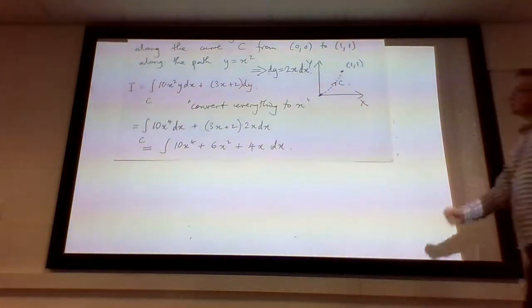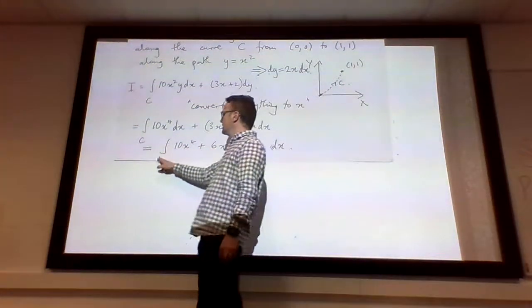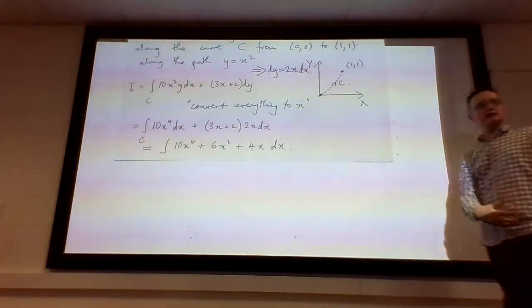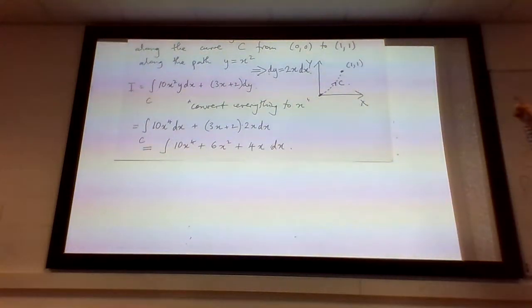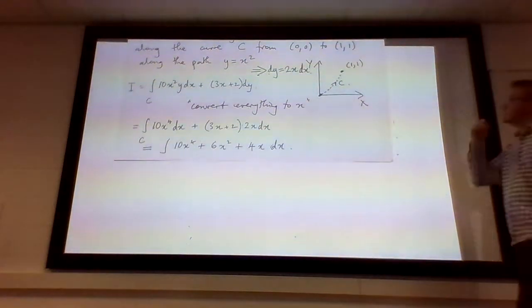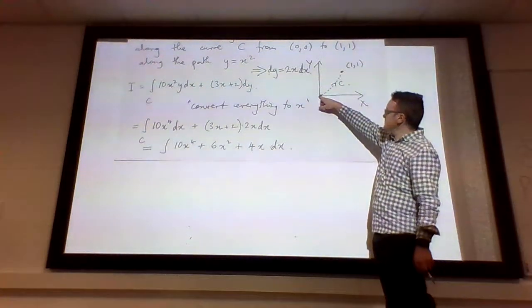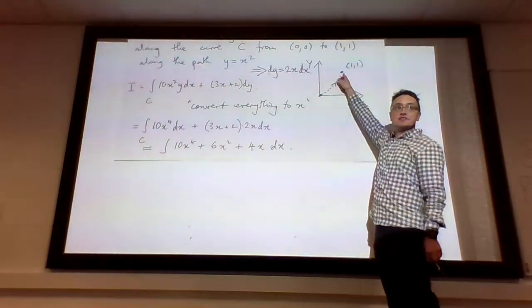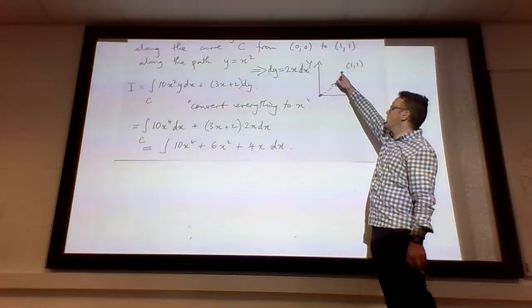Now this is supposed to be along the curve C, but rather than just putting down C again, because we've converted everything to the x variable, we can now look at the path C just in terms of the x variable. What's happening to the x variable as you move along the path C, beginning at the origin, going to the point (1, 1)?